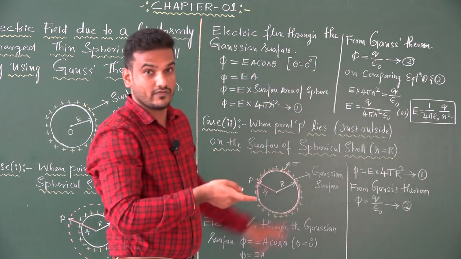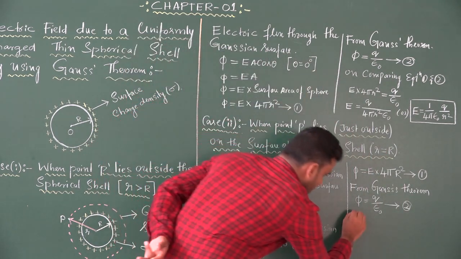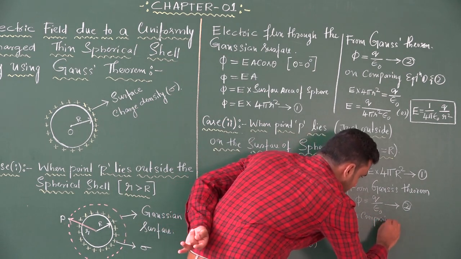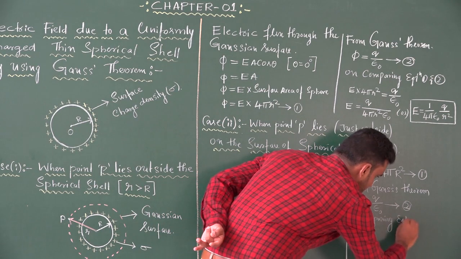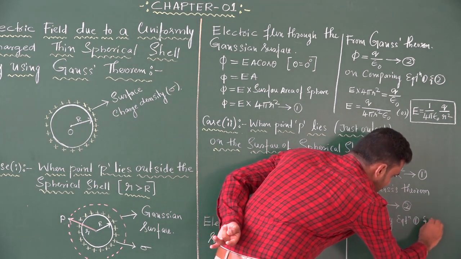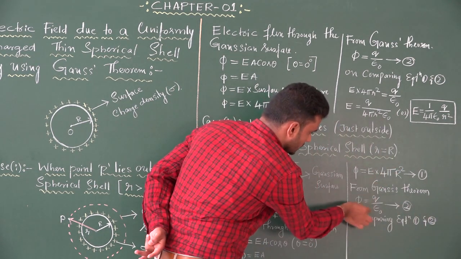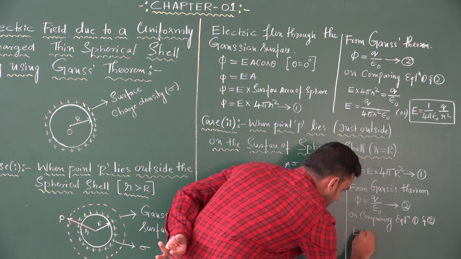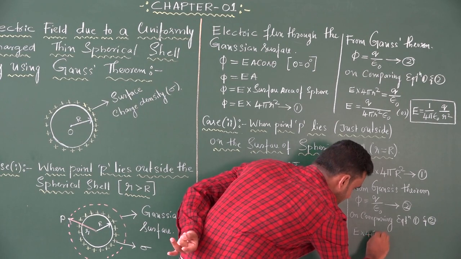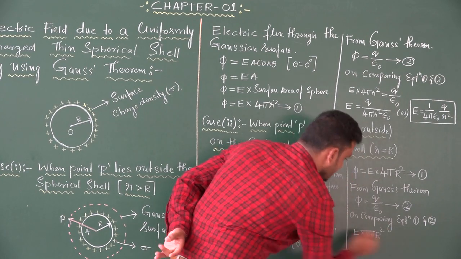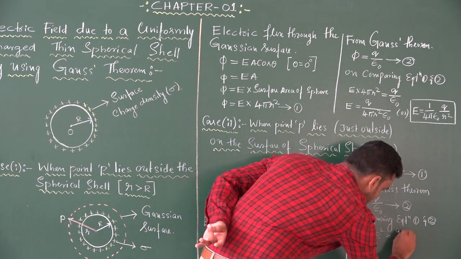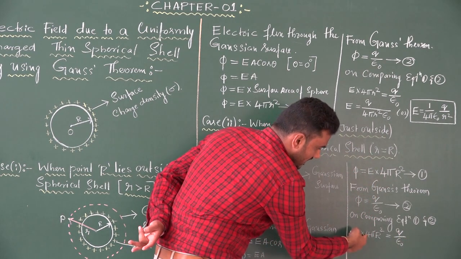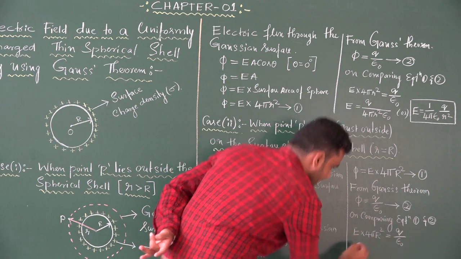Again we are comparing equation number 1 and 2. On comparing equation 1 and 2, left hand side is the same, so we write the right hand side: E into 4 pi capital letter R square is equal to q divided by epsilon naught. Keeping E here only, I am taking 4 pi R square to the right hand side.